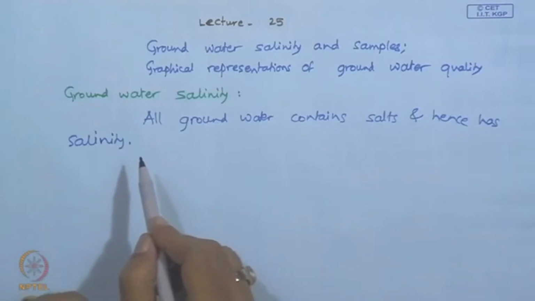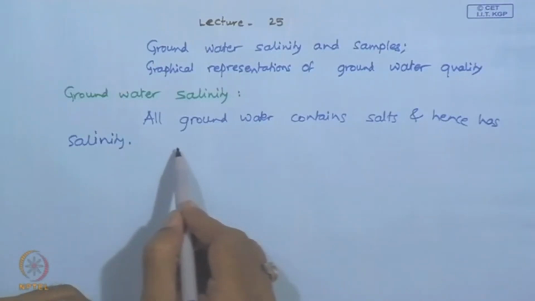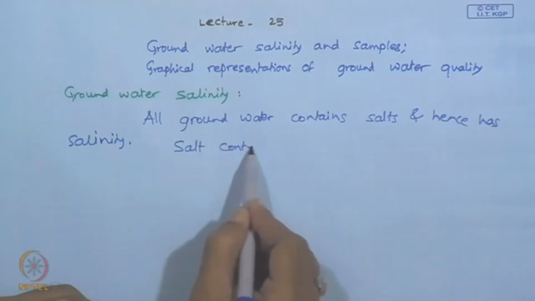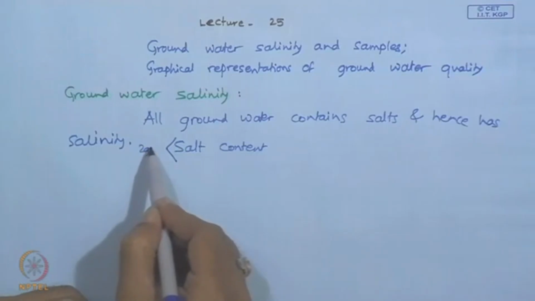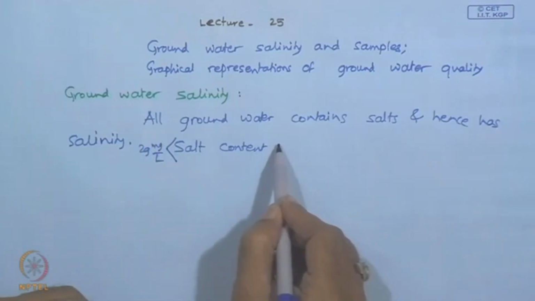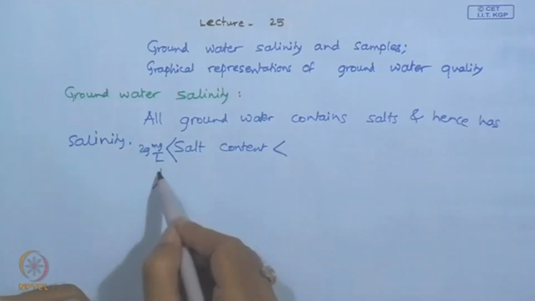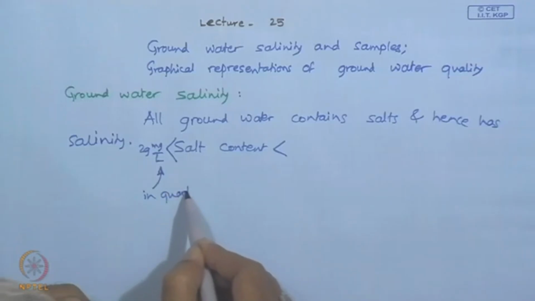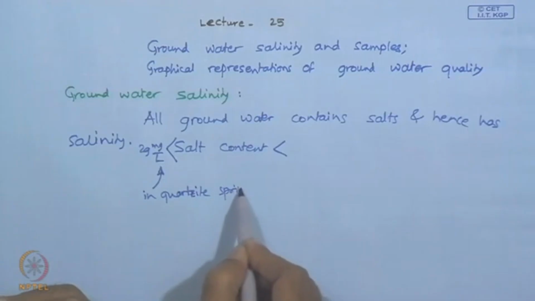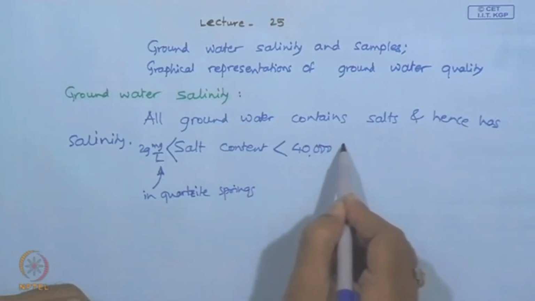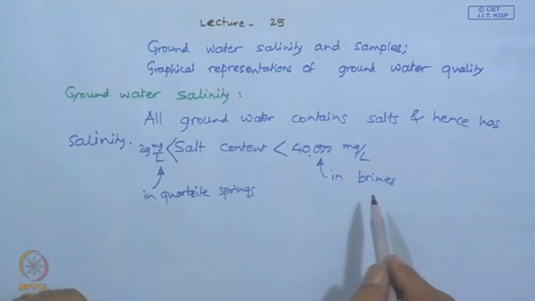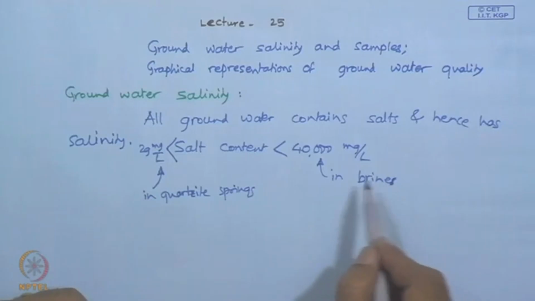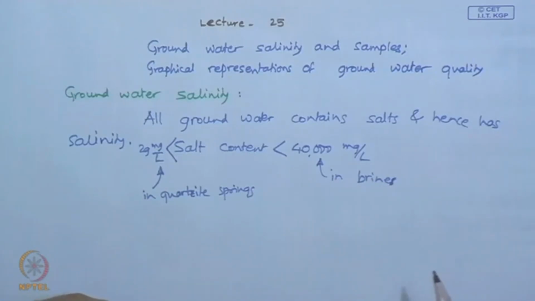And this salt content varies from less than 25 mg per liter in quartzite springs to 40,000 mg per liter in brines, which are strong solutions of salt, common salt.